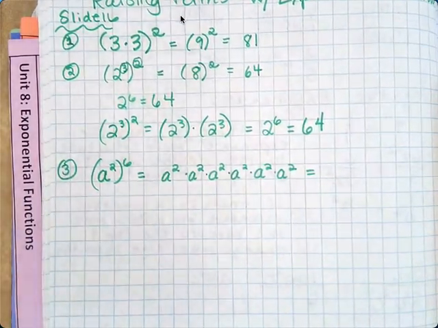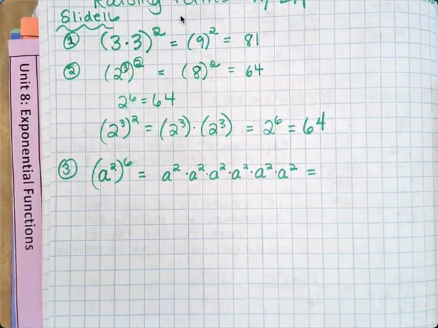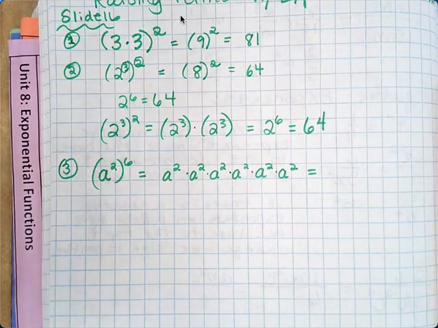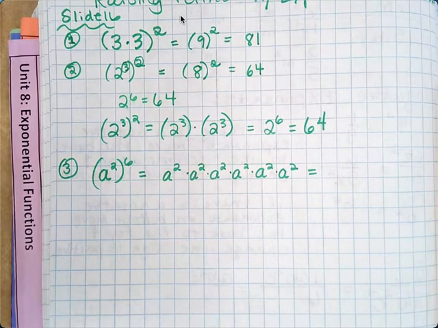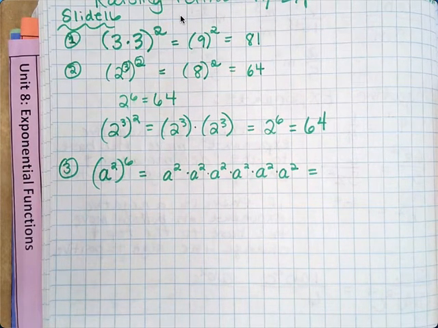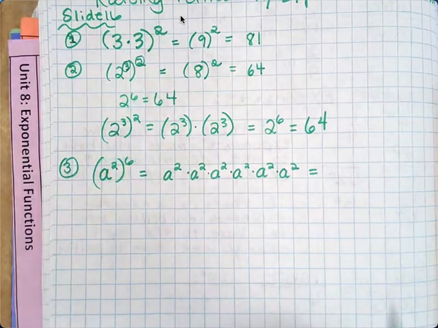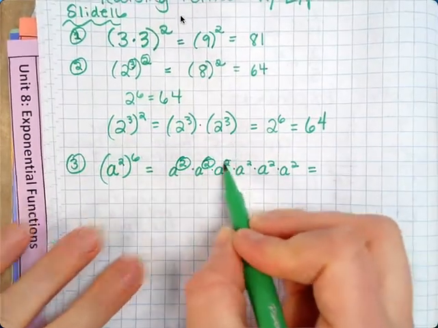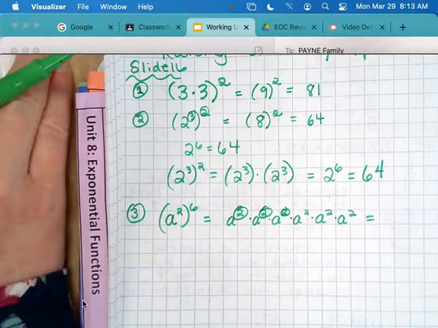And then what do I do with that? Multiply what? A squared. Okay, so what do I do with exponents then? Add them, yeah. So 2, 4, 6, 8, 10.